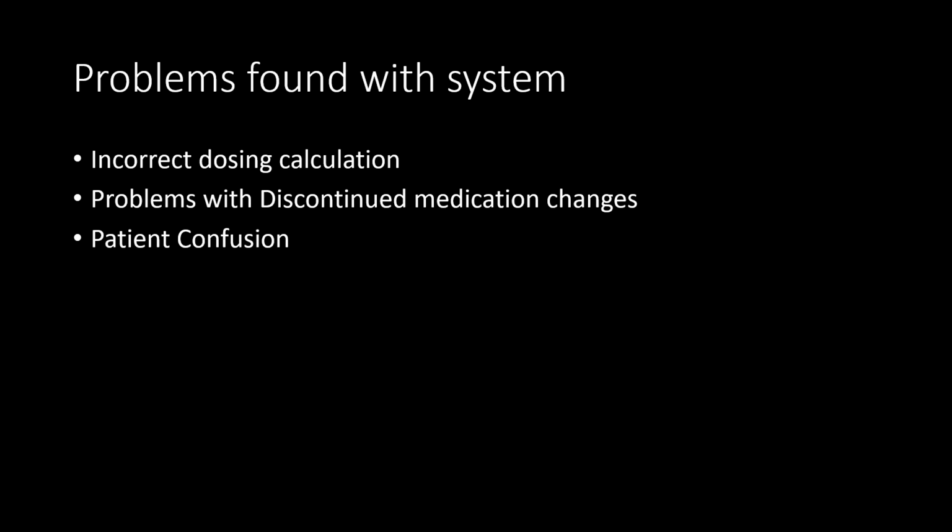Although we rolled out this new system, we did find some problems, and it showed us that not everything was perfect. We found new problems, and these are outlined here. As you know, we have found incorrect dosing calculation.